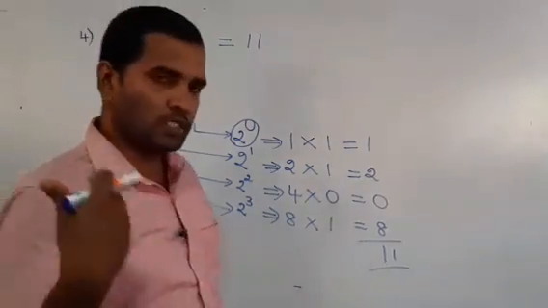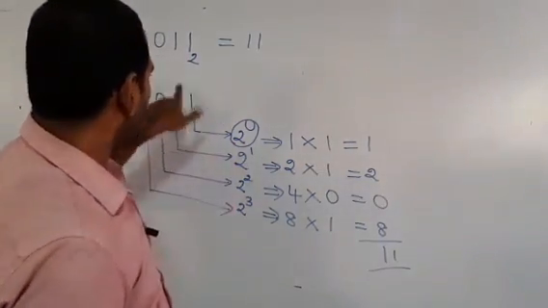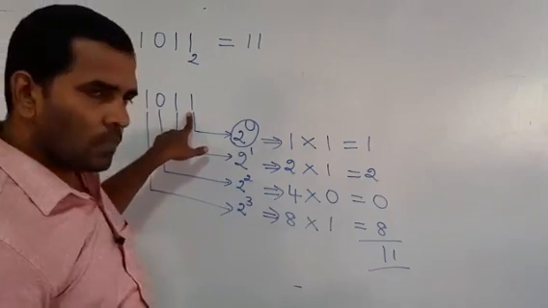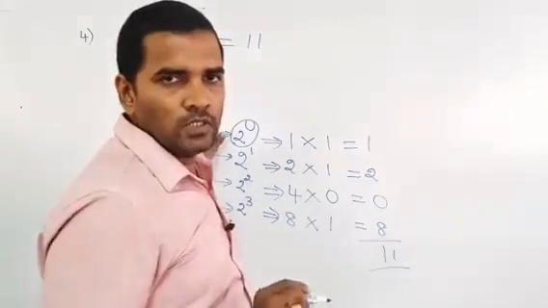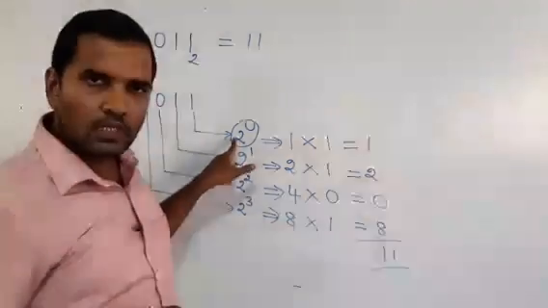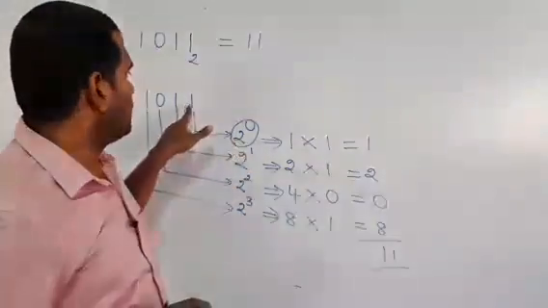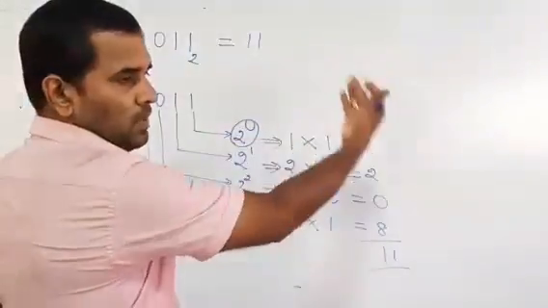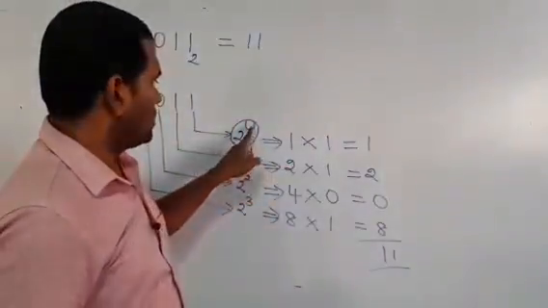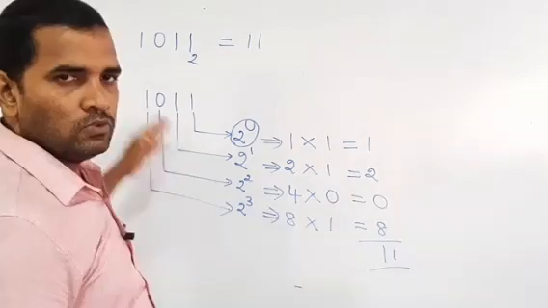I'll try to explain the method again. First of all, you have to write the digits, and after that you must mention the position of each digit. Since it's a binary number, the base must be 2. The first digit, which is placed at the right farmost end, must be 0. Then 1, 2, 3 like that.